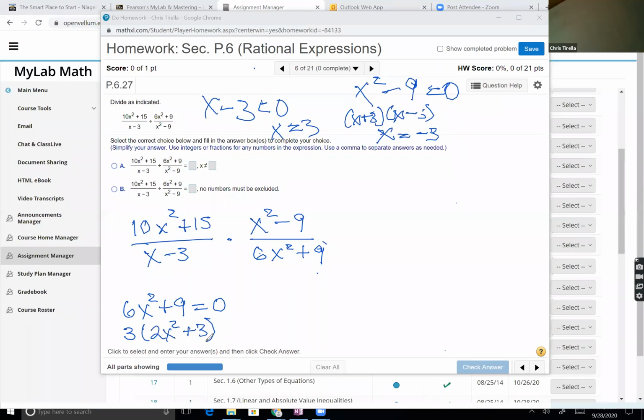I don't think that factors, because it's two terms, it's addition, and they're not cubes. So this one doesn't give me any additional values to exclude. So x cannot equal negative 3 or positive 3.